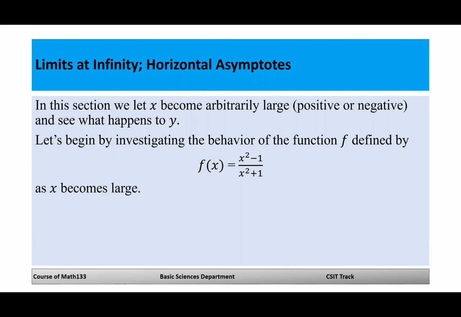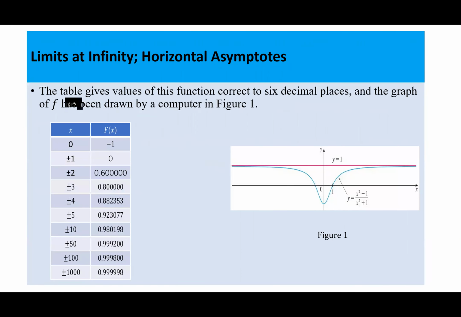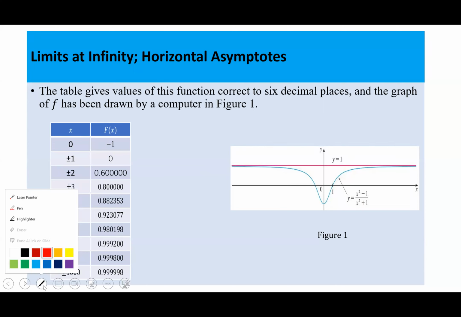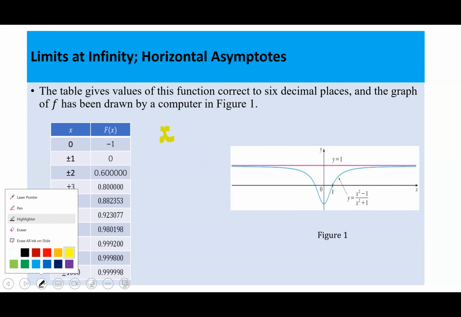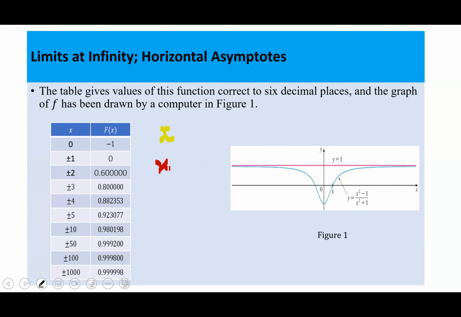So when we take some values for this function, starting from 0, recall that my function is the following: x squared minus 1 over x squared plus 1.